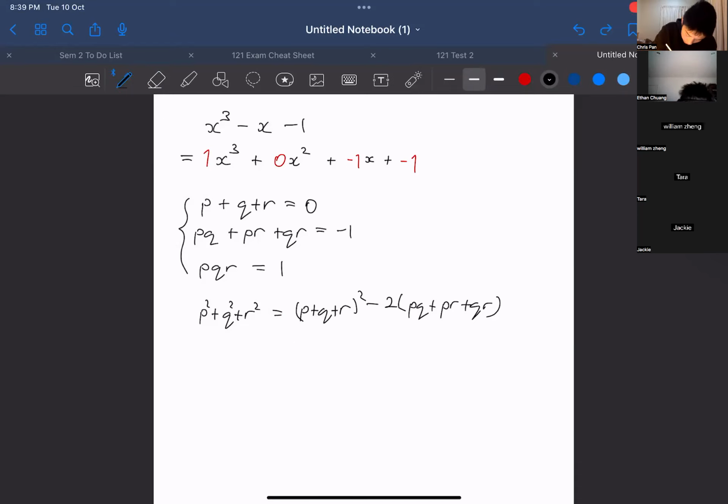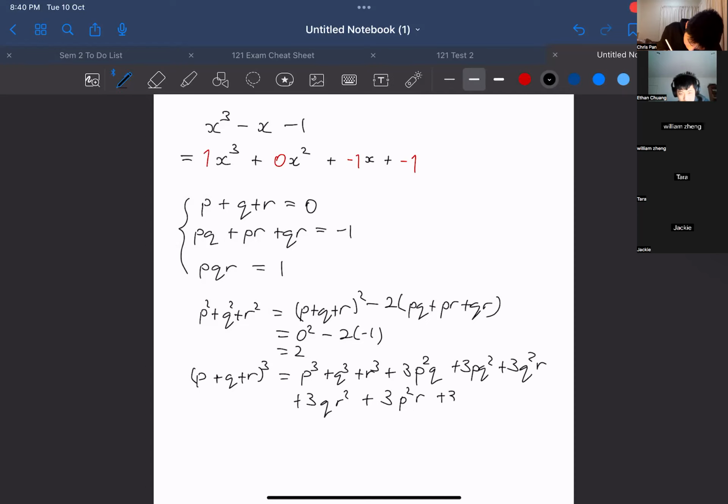Yeah, so it should be 3 times... Okay, I don't know why I did it like that. Okay, if you expand this out, which is admittedly kind of a little long, I think that is what you get.